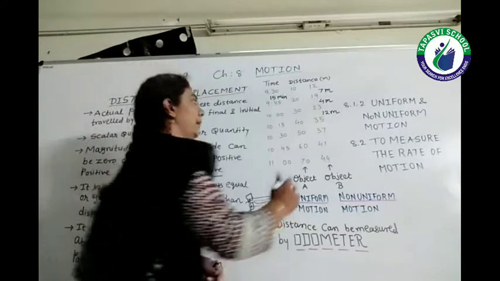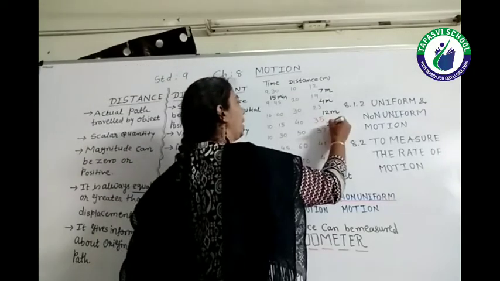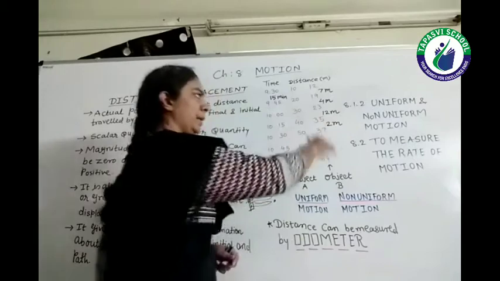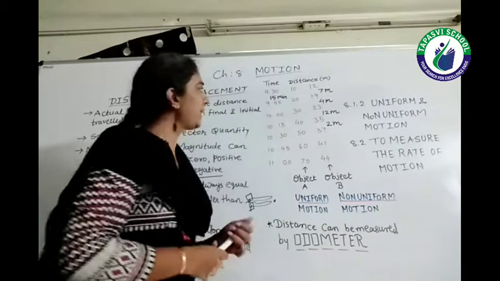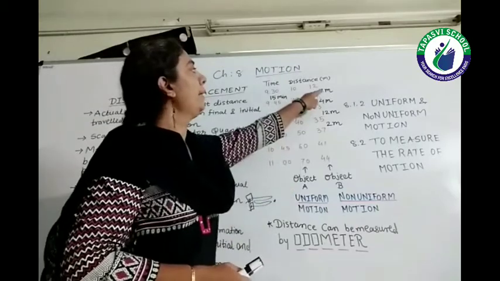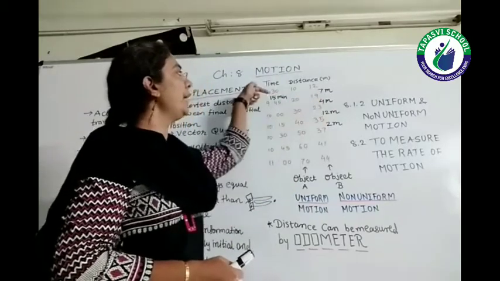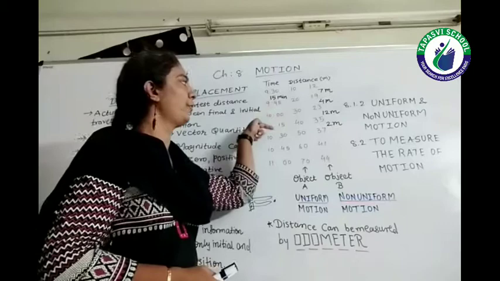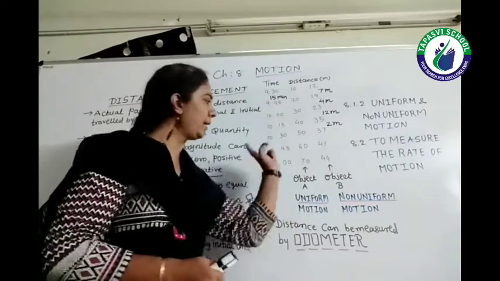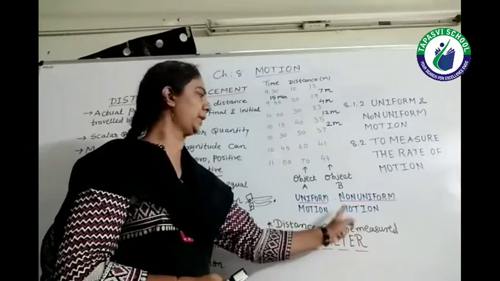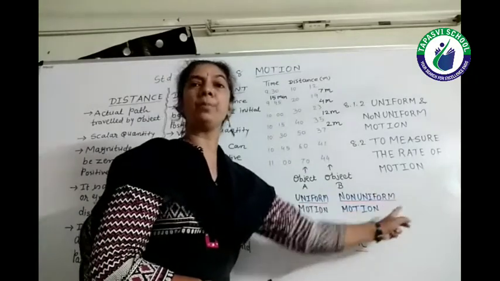It means the distance traveled is only 2 meter. Then you can continue with the same. You will see that here the distance traveled in equal intervals of time is not equal. So that type of motion is known as non-uniform motion.